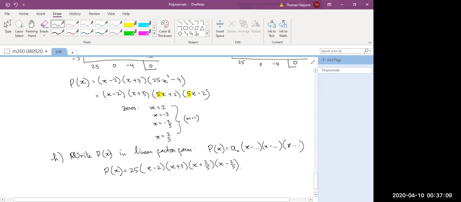I would say this would be the most standard form of how a polynomial should look.